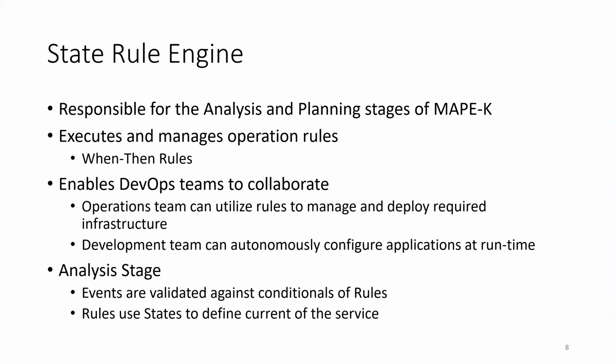These rules facilitate autonomic decision-making and enable the DevOps teams to collaborate to maintain a desired level of quality of service at runtime in a large multi-cloud environment. The operation teams can utilize the rules to manage and deploy the infrastructure and platform for the service at runtime, while the development team can autonomously configure their application as a service on the infrastructure at runtime through the rules.